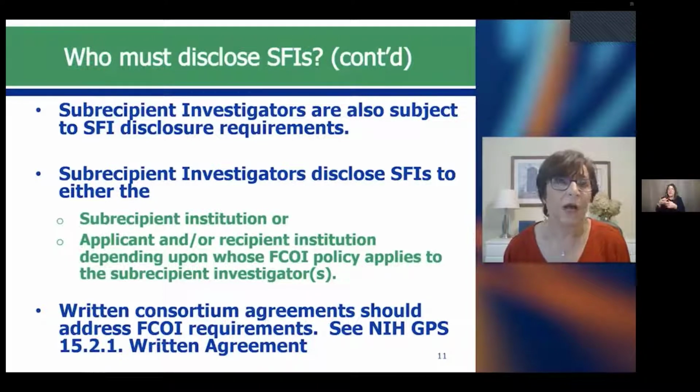Depending upon whose policy applies to a subrecipient investigator, whether it's the subrecipient's policy or the prime's policy, then the subrecipient investigator would be disclosing their SFIs to whoever assumes that responsibility of reviewing a disclosure. And again, I've just provided the information here on the slide about the written consortium agreement, and again, the need to address FCOI requirements when you do establish a consortium agreement.